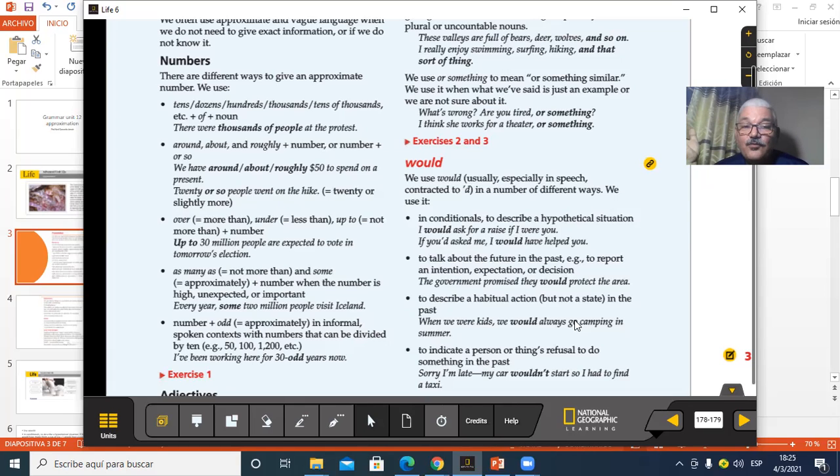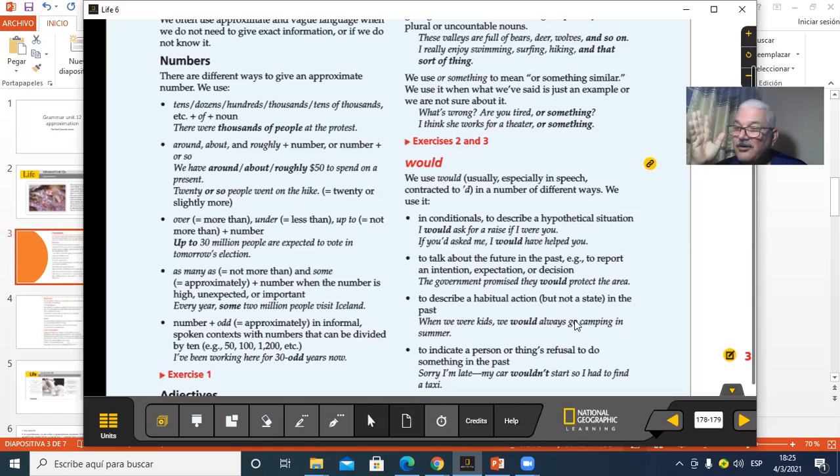So in those cases, we have used a preposition before the number, or we could also say the number or so. We have $50, we have about $50, we have around $50, okay?